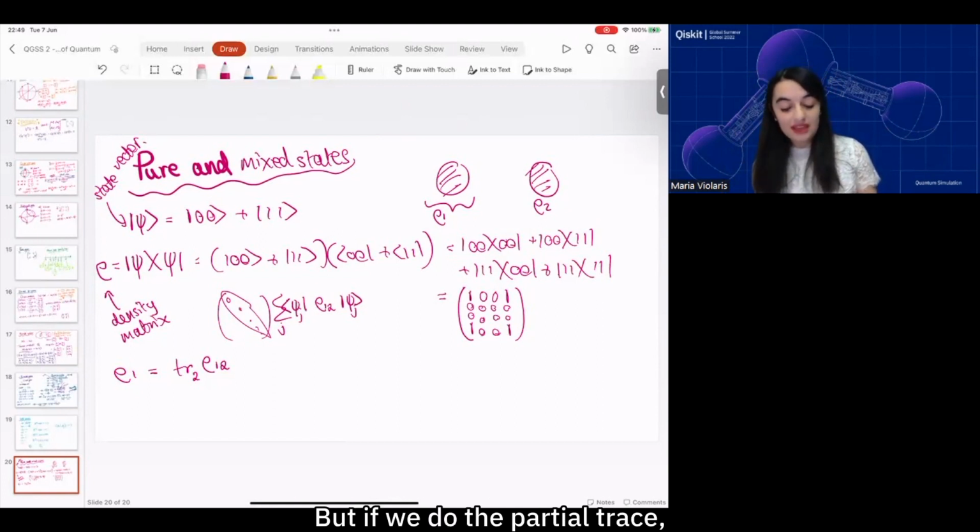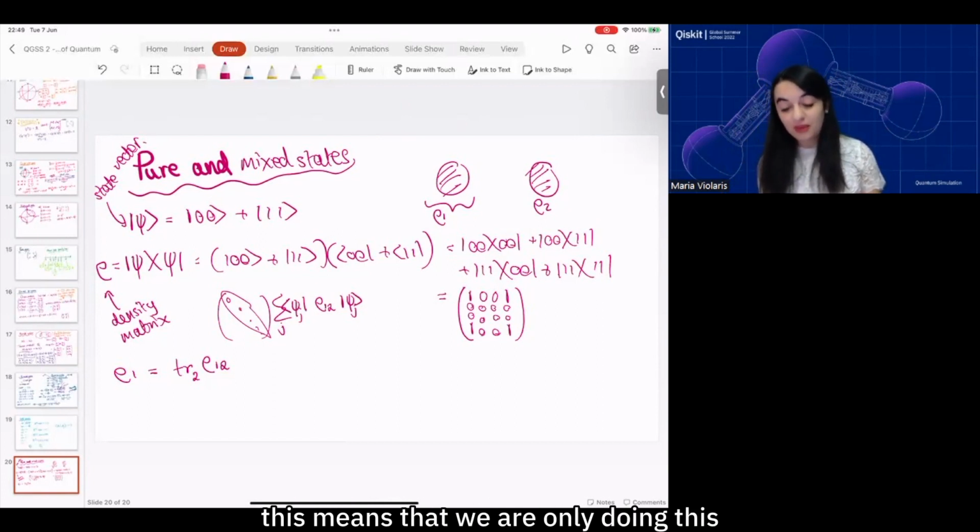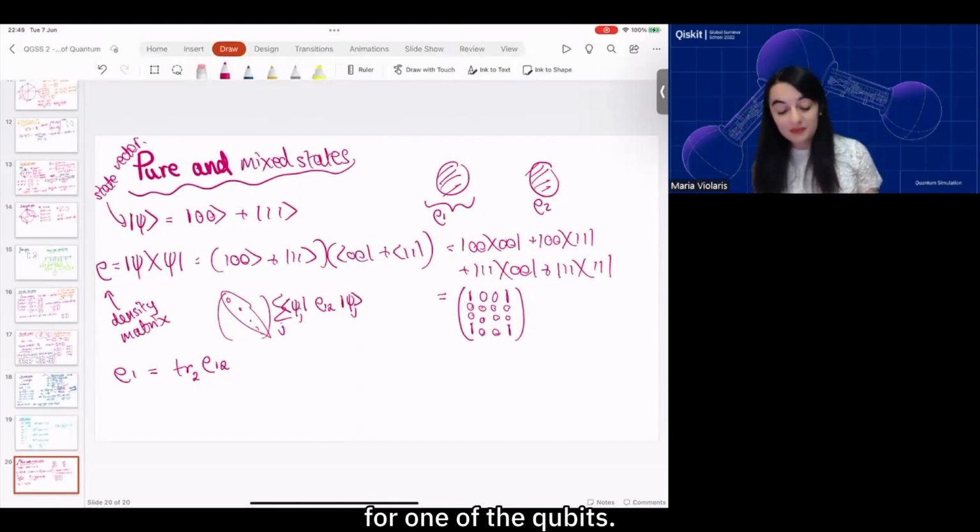But if we do the partial trace, this means that we are only doing this for one of the qubits.